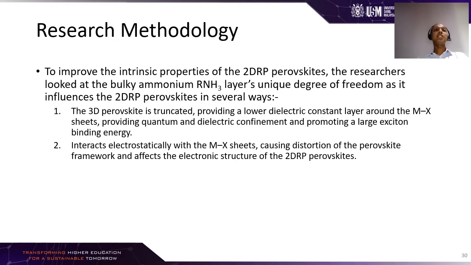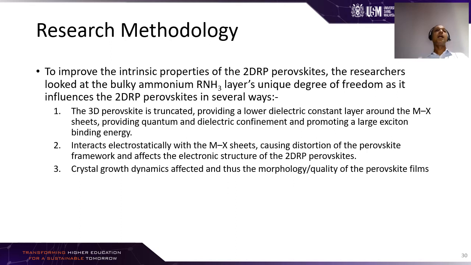Secondly, it interacts electrostatically with the MX sheets, causing distortion of the perovskite framework and affecting the electronic structure of the 2DRP perovskites.